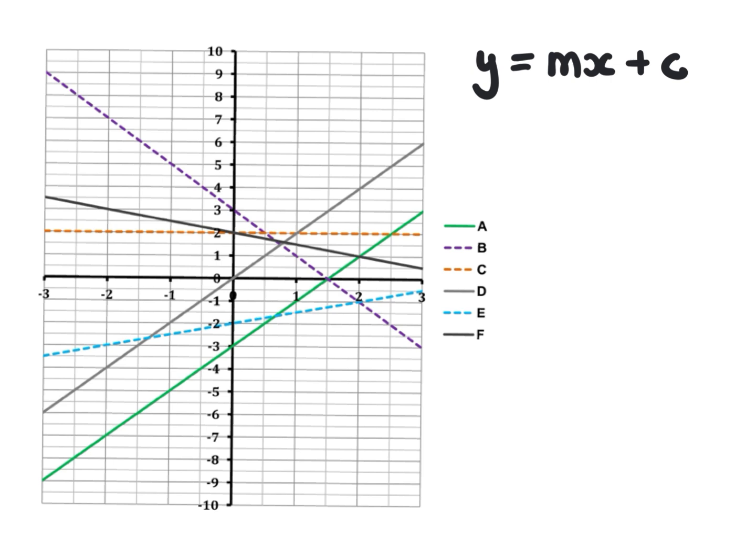Looking at A, which is my green line, let's see what is happening on my graph. The easiest thing to see, and the first thing I always look for, is the y-intercept. So I know that in this case it is negative 3. Now I need to find out how many across and how many up.